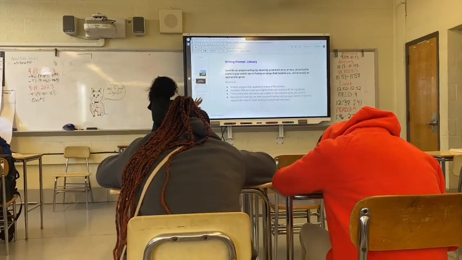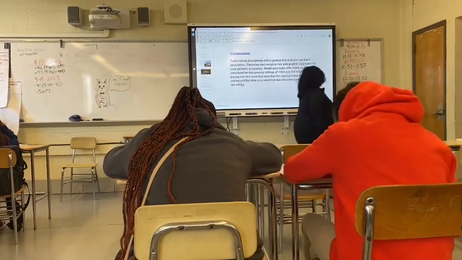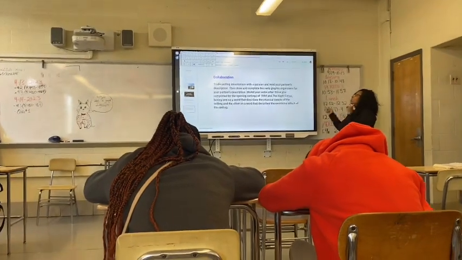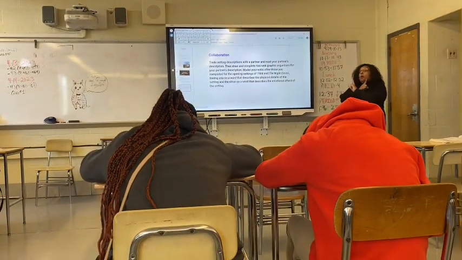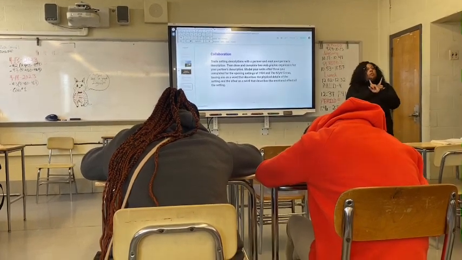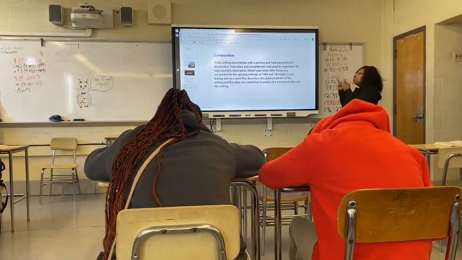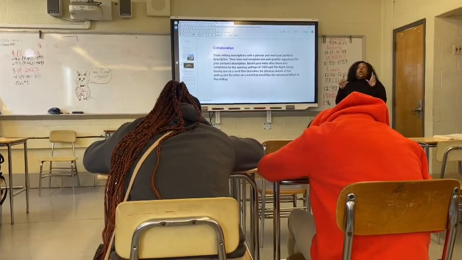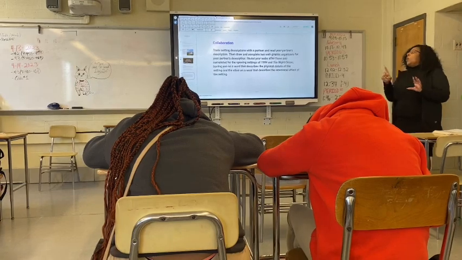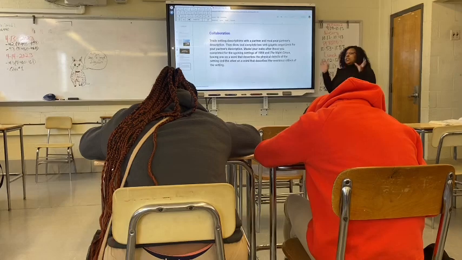Now, this is where your collaboration will come into play with your seat partner. Once you have written your description, you are then going to swap books with your partner. And I'm going to give you a couple of sheets of blank paper, because the graphic webs that we used in 4.3, where you chose one word to describe the scene, you are going to do that again to analyze your partner's scene description.